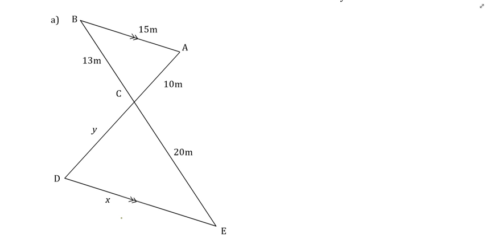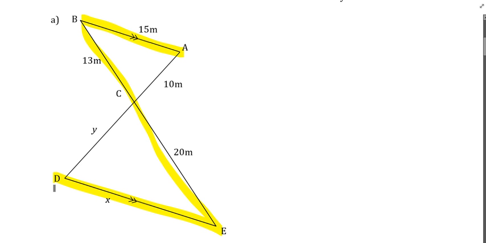What do you think? Kenzie, any ideas? What if I do this? A Z pattern. What is a Z pattern? Yeah, the two angles on the insides of the Z are equal to each other.